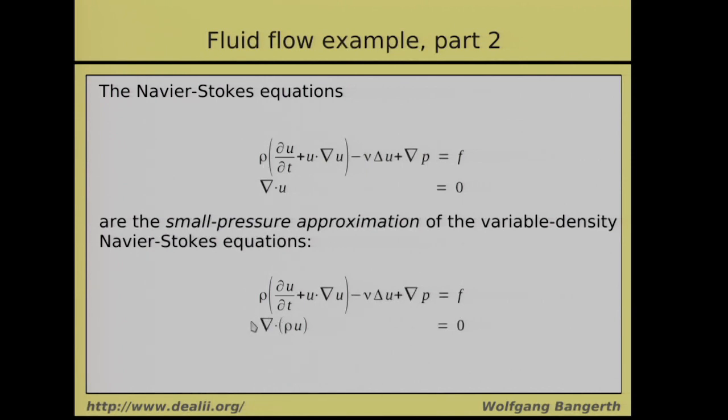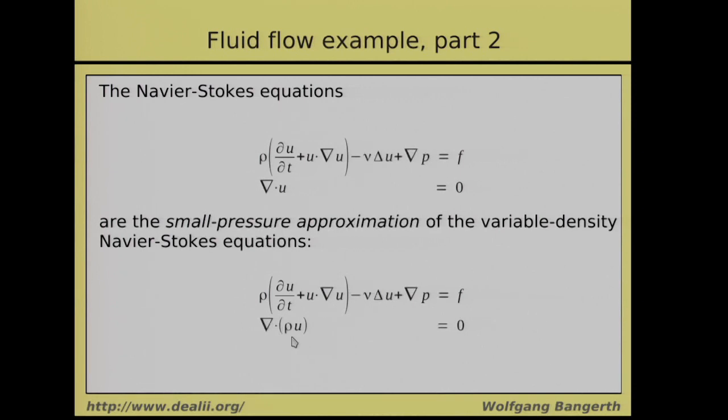But then also in that case, you need to replace the second equation by something like this, which says that not divergence of U is zero, not that the flow field is incompressible and divergence free, but in reality, what you have is this equation, divergence of rho times U. That is what we call mass conservation, okay?